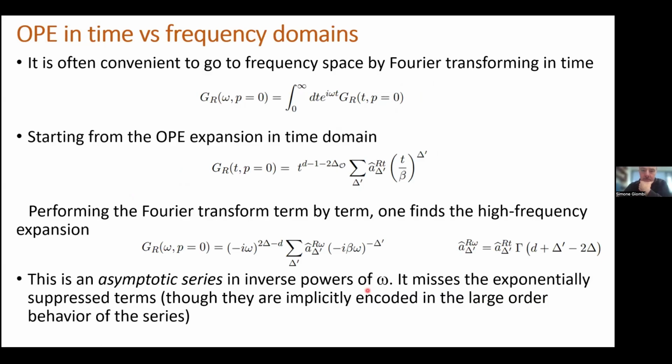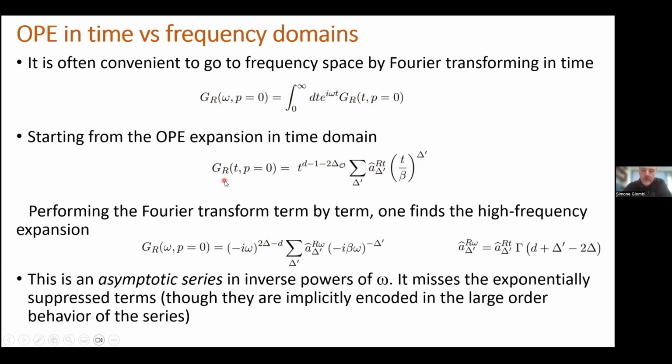For the analysis of the bouncing singularities and these exponentially suppressed terms, it's useful to work in frequency space, as I said before. That can be done by doing the Fourier transform from real time t to frequency.